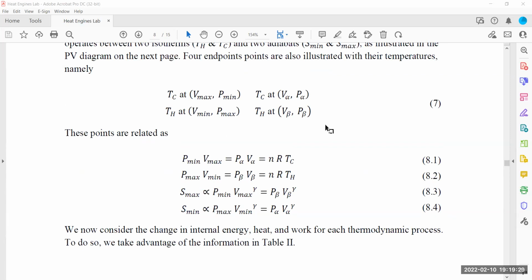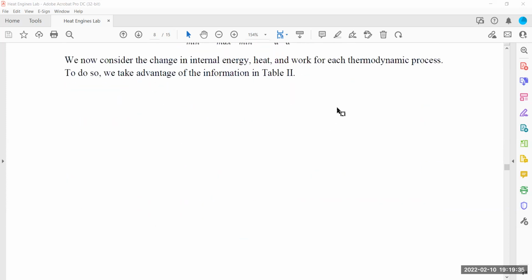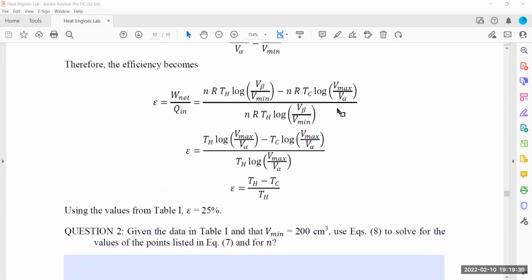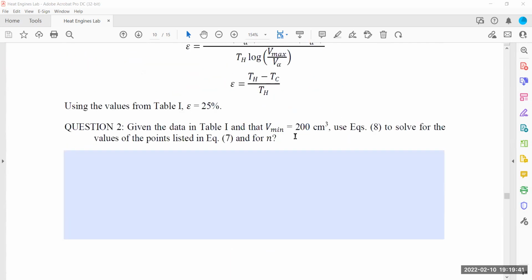Okay, so we have a lot of these values. So we're supposed to use these points in here, since they gave us these points, and we can find solutions for all of them. Now, I trust that you guys should be able to follow this calculation and find all of the numbers, because remember, Vmax is given to us, it's 1,000 cubic centimeters, and TH is given to us to be 400 Kelvin and TC to be 300 Kelvin. So we have a lot of these numbers in here.